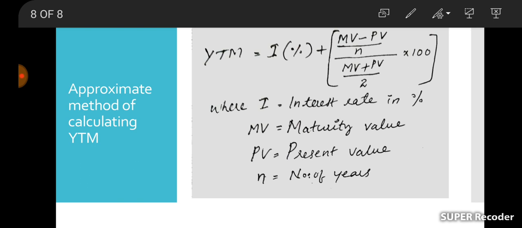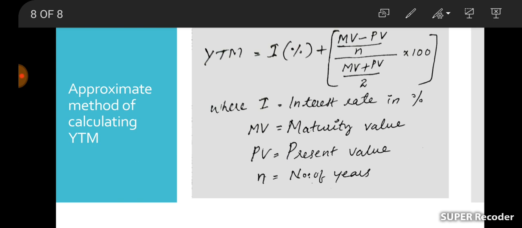This is the equation for calculating approximate YTM, and by using it we can guess the YTM rate and finally calculate the correct YTM.